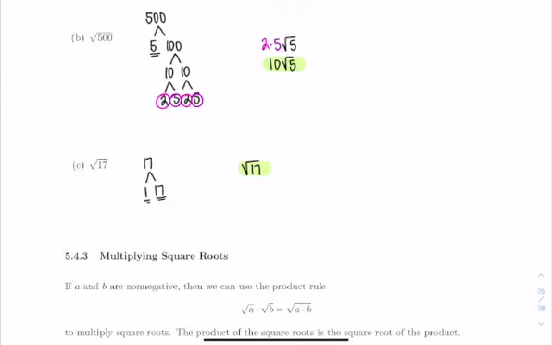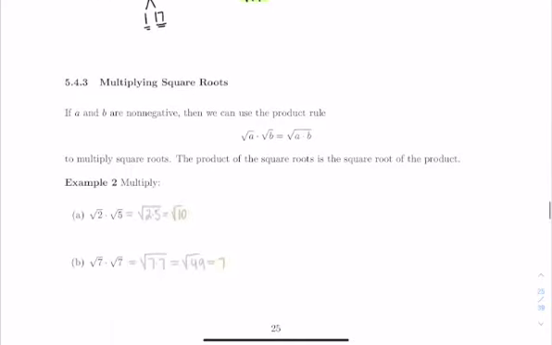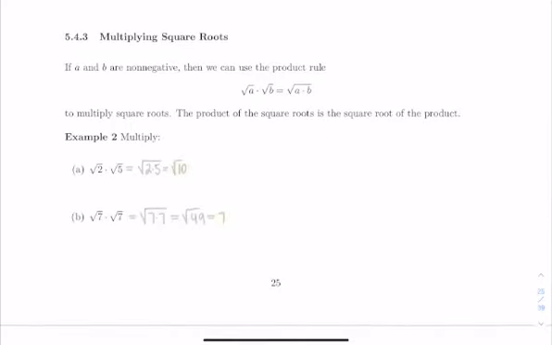Now when we multiply square roots, we're going to use the other part of the product rule, which says that we can smush the two square roots together and then simplify. So the square root of 2 times the square root of 5, we can smush under one radical, and we get the square root of 2 times 5, which is the square root of 10.